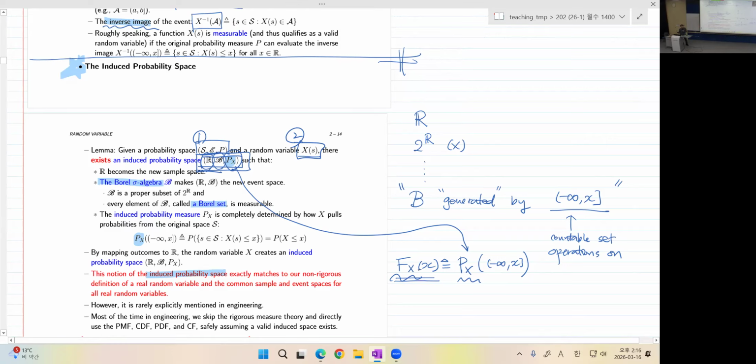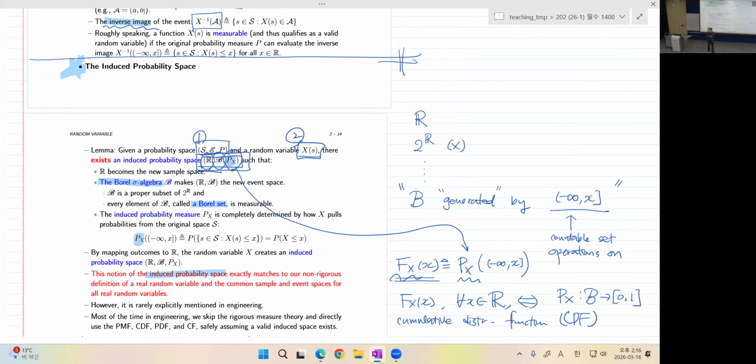It's kind of obvious by definition. The converse is surprising. If you know this function, which we are going to call the cumulative distribution function, simply CDF, for all x, this is equivalent to knowing the entire induced probability measure. So they are equivalent functions.